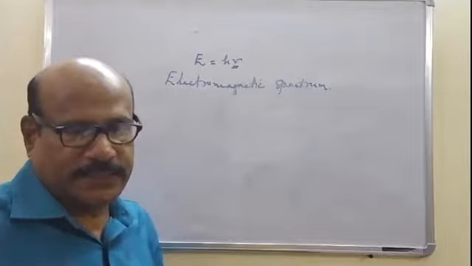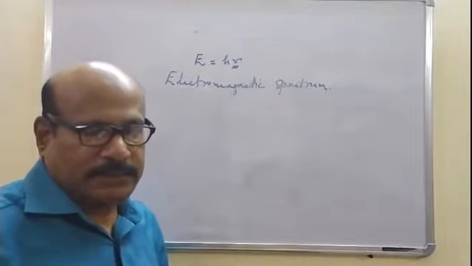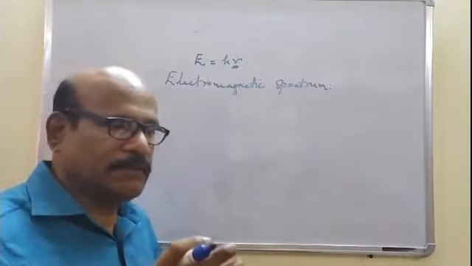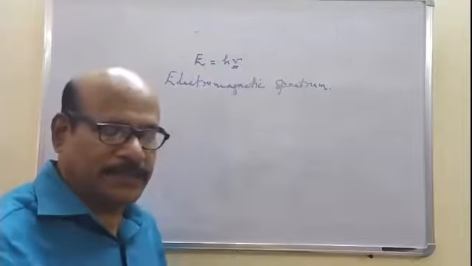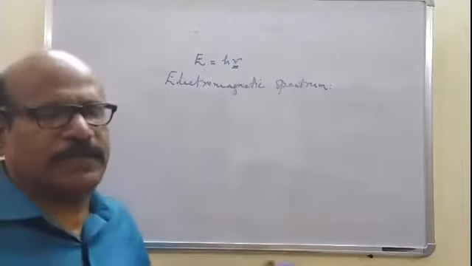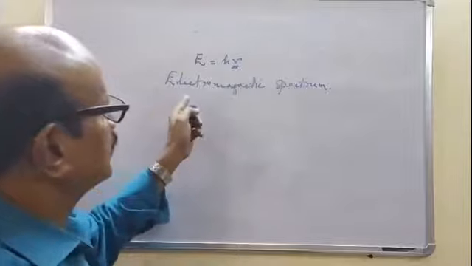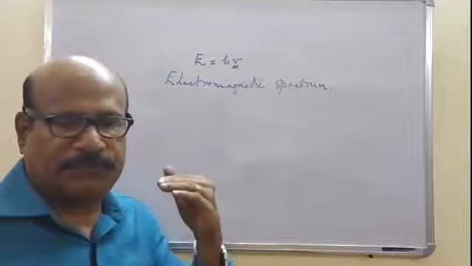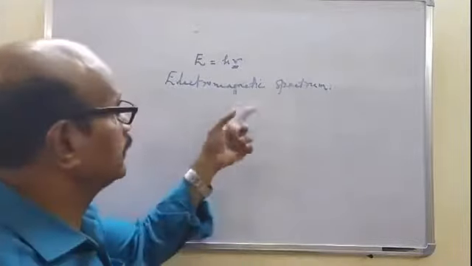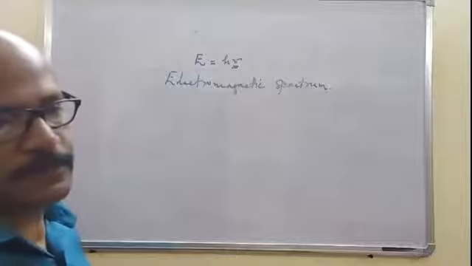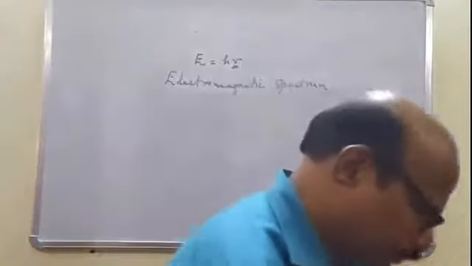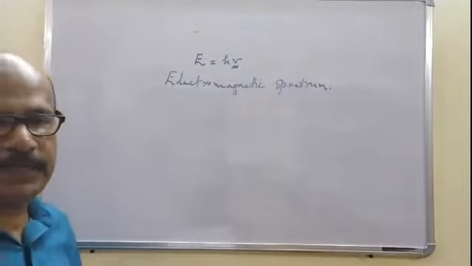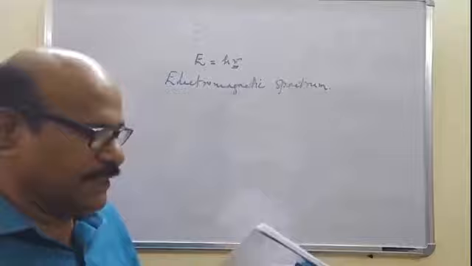The radiations are arranged in an orderly pattern of increasing or decreasing frequency or wavelength. That orderly pattern of the radiation in their frequency or wavelength is called the electromagnetic spectrum region.